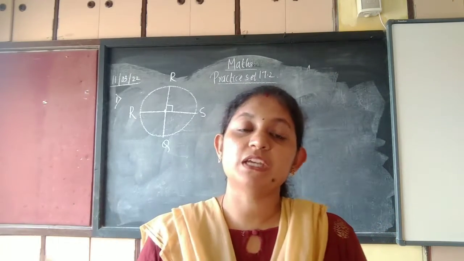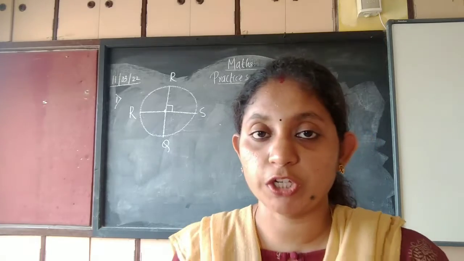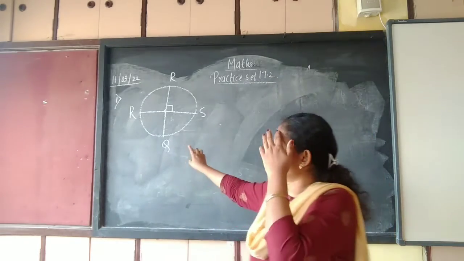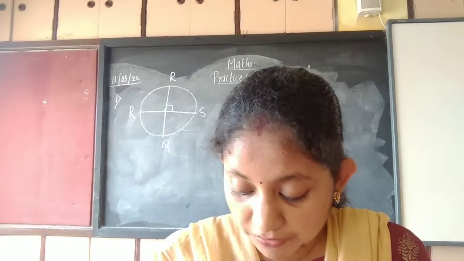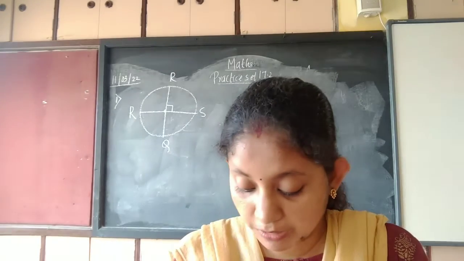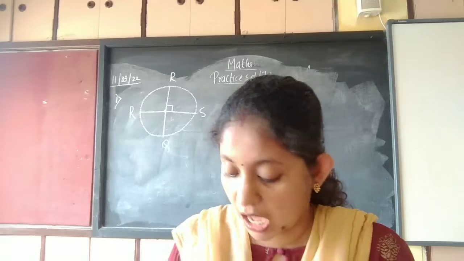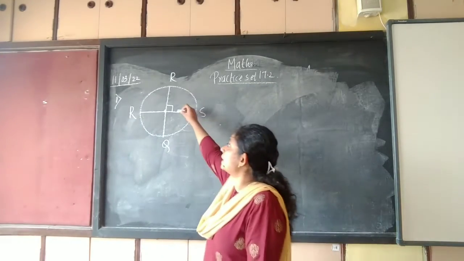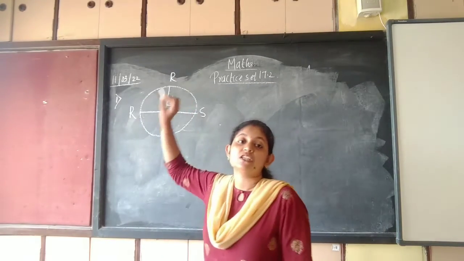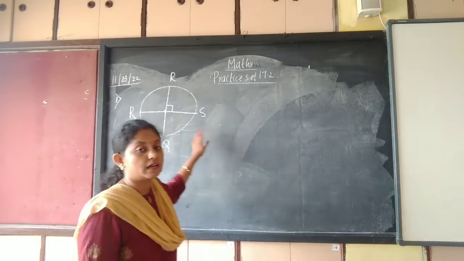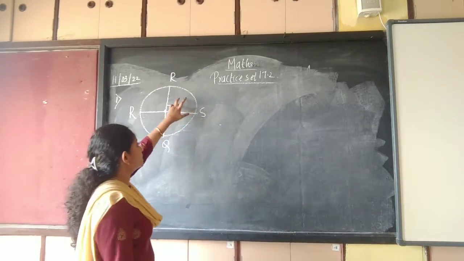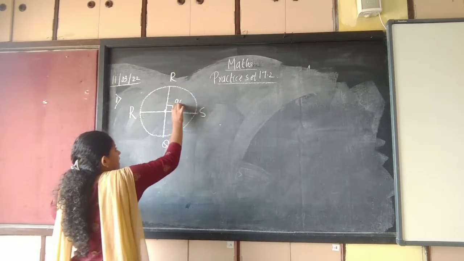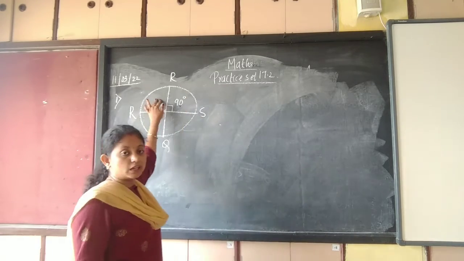Now today we shall begin with practice set 17.2. Here, first one, you can see a figure, a circle where two diameters are there, PQ and RS, and they are perpendicular to each other. That means they are 90 degrees here. Now students, tell me, if this angle is 90 degrees, what will be the angle over here?